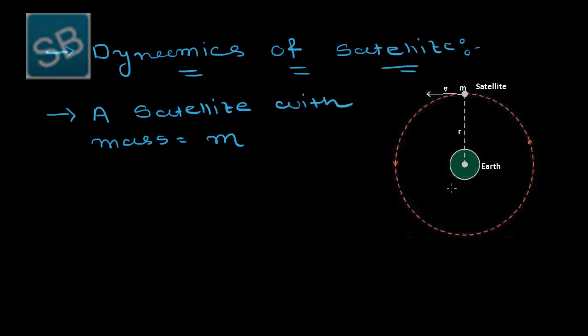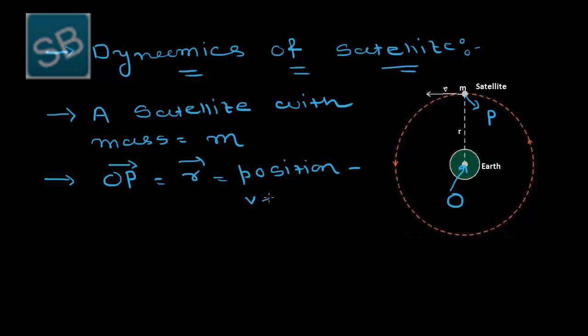So if I am talking in terms of a position vector, taking the center of the Earth as O and this point as P, the position of satellite at present is OP equal to small r, that is the position vector of satellite.